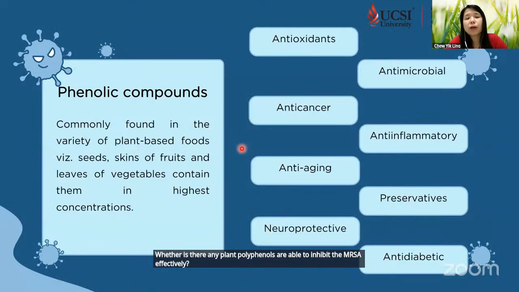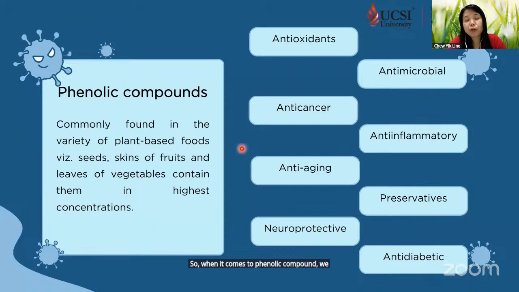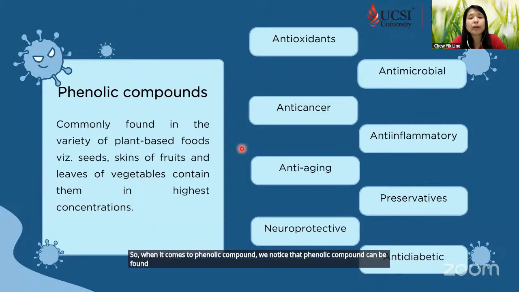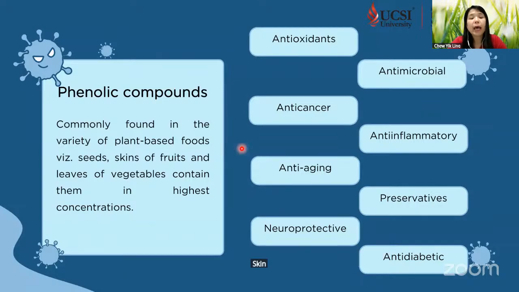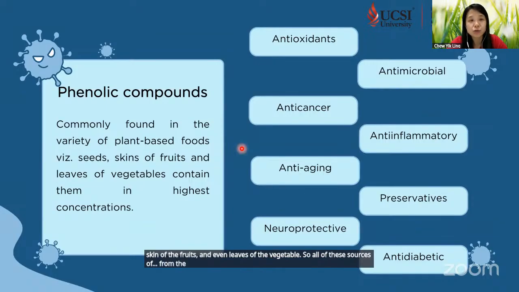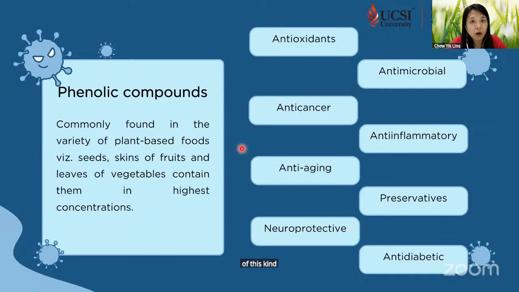When it comes to phenolic compounds, we notice that they can be found in many different kinds of plant-based food, for example seeds, skin of the fruits, and even leaves of the vegetables. All of these natural sources have a high concentration of phenolic compounds.